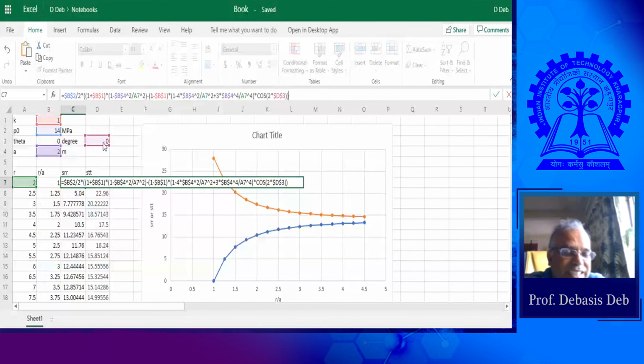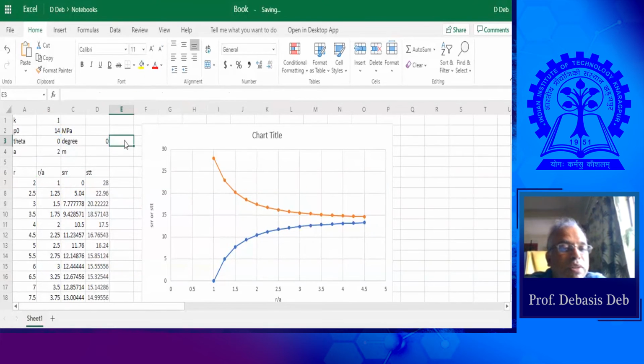So I have converted into radians also. If it's 0, it will be this. You just have to write RADIANS, which is already an inbuilt function in Excel. You don't have to do anything. RADIANS(B3) means this one, so it will return the radian value of that.